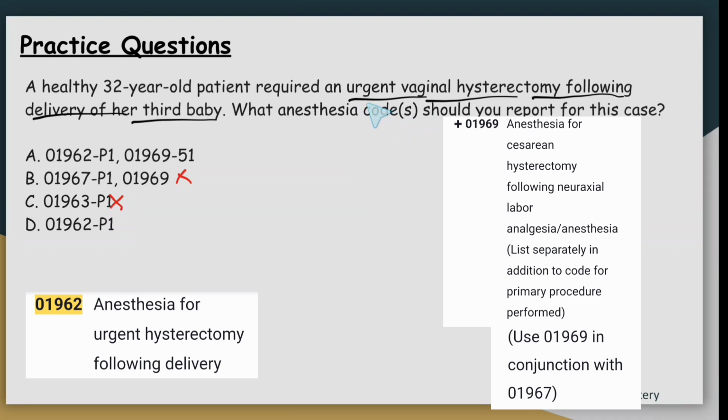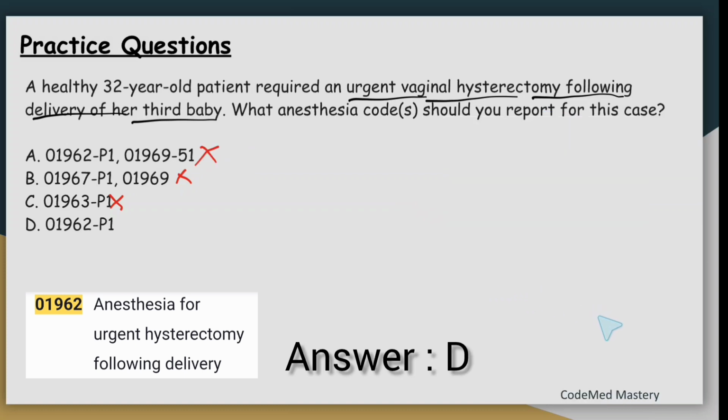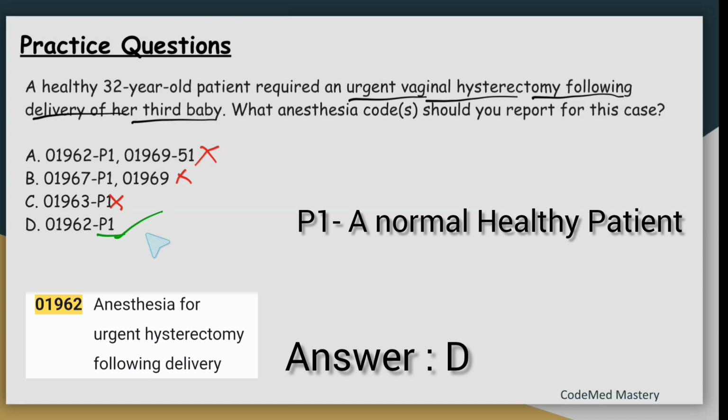Here it is anesthesia for urgent vaginal hysterectomy. So eliminate option A. We are left with option D, which is the right answer. And modifier P1 is used for a normal healthy patient. They have mentioned healthy patient. So option D is the right answer.